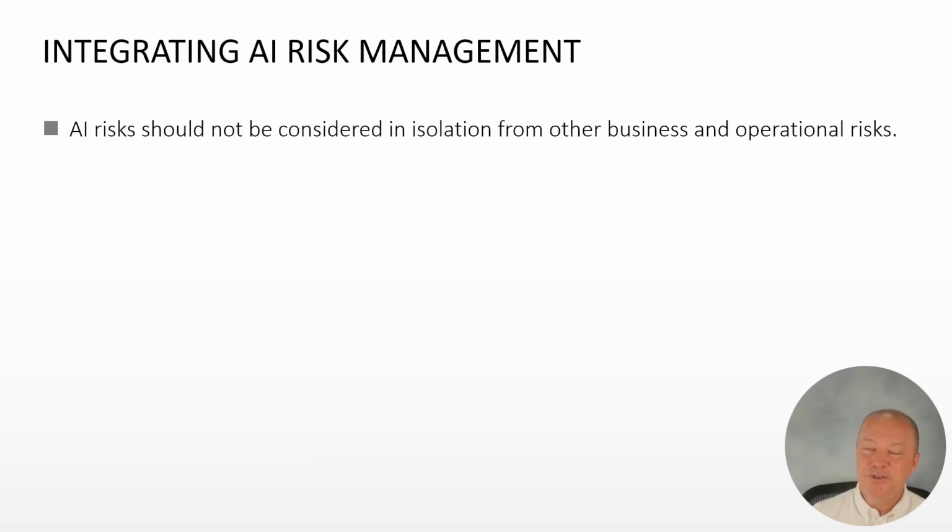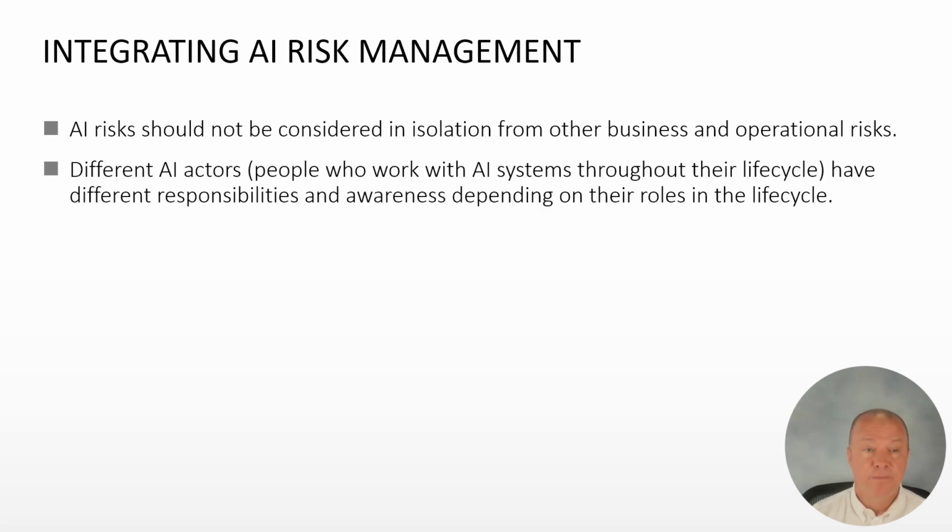And we need to understand that since AI is integrated into our organization, essentially facilitating and enhancing our business processes, we can't think of AI risk management as something that is done separately from managing risk throughout the organization and all of its processes. So AI risk should not be considered in isolation from other business and operational risks.